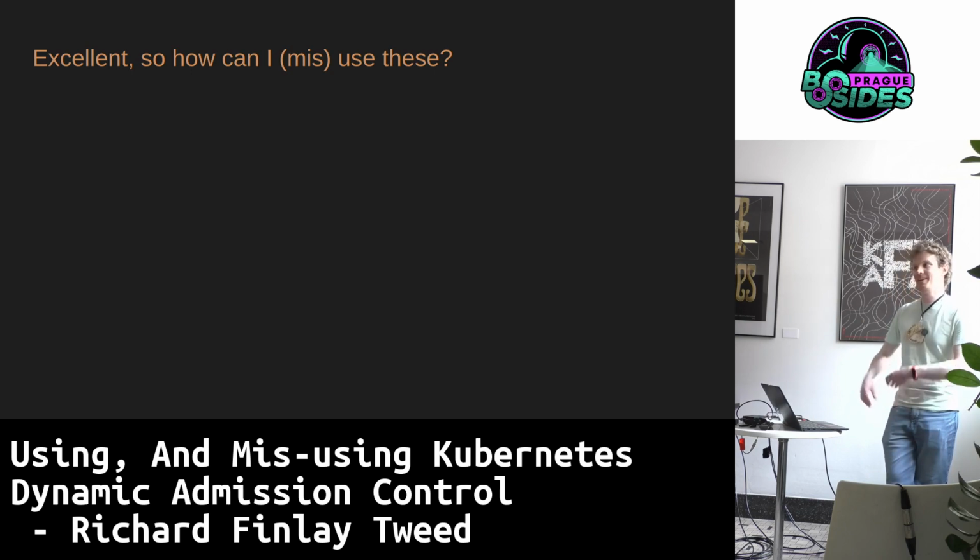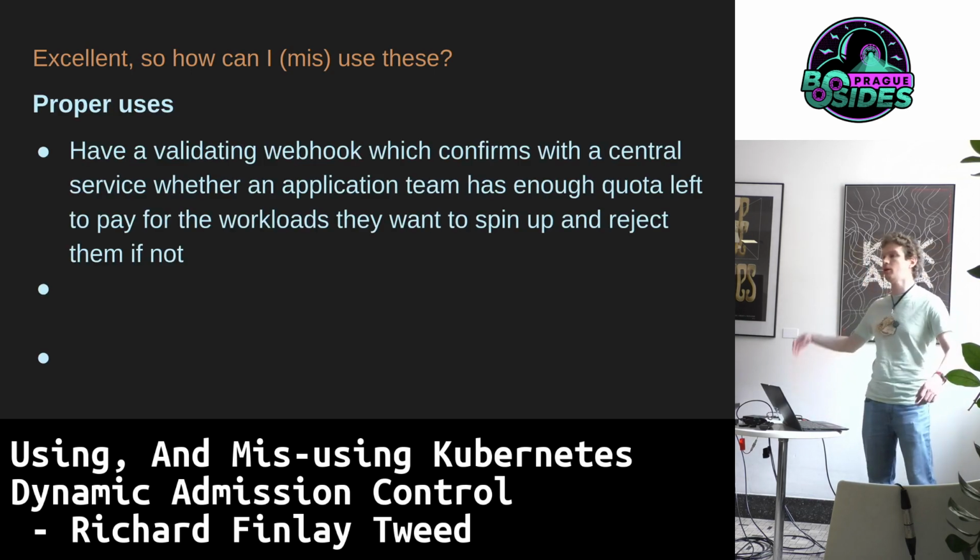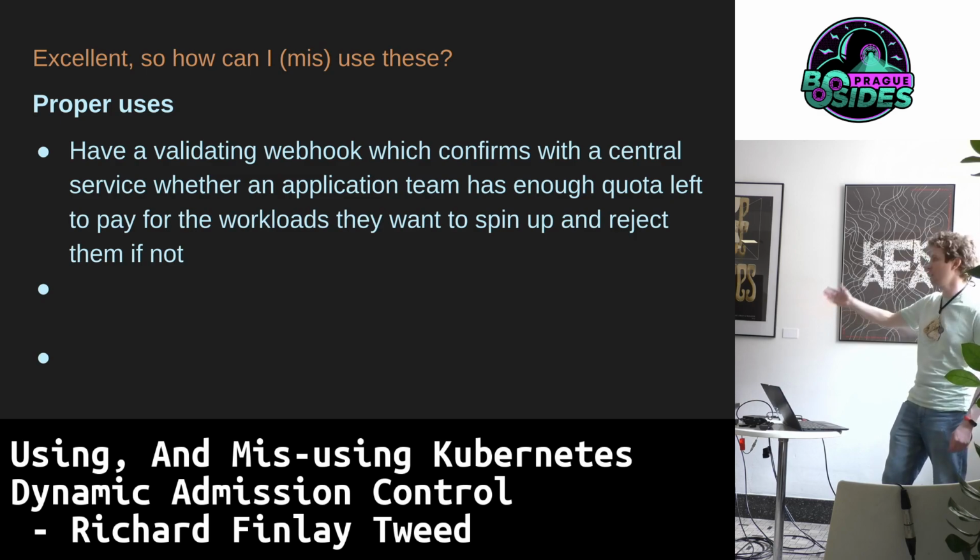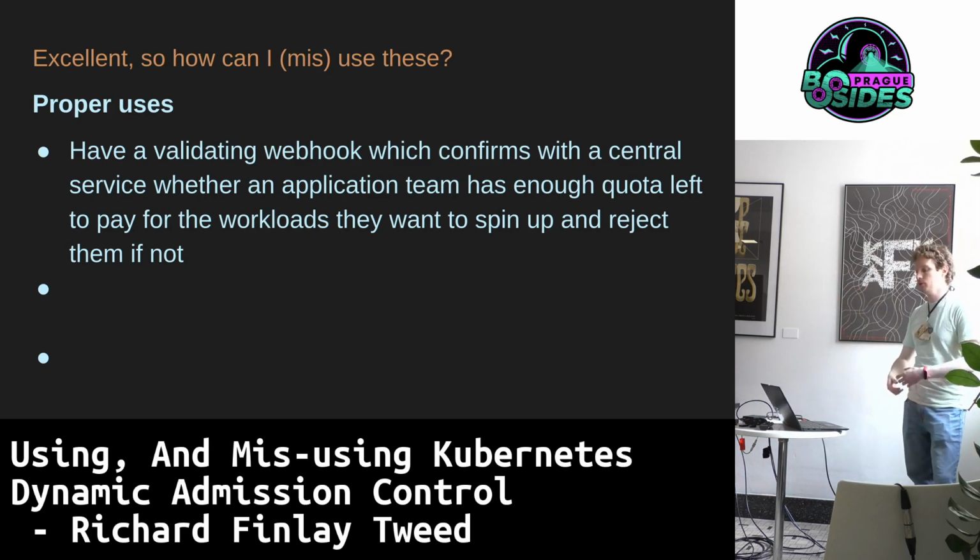So, how can you use these? I'm going to start off with some proper uses for this stuff. You could use a validating webhook to check whether you have enough quota left. Say you're running a grid for your teams, like batch processes, they get, I don't know, 4,000 CPU hours a week or something.